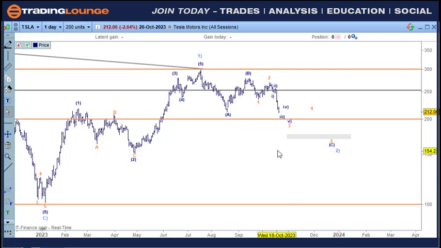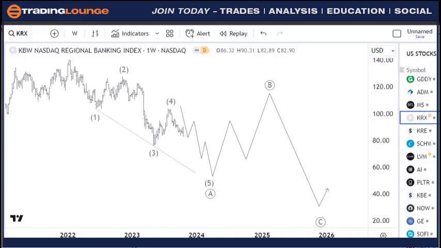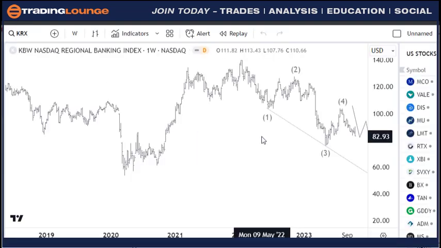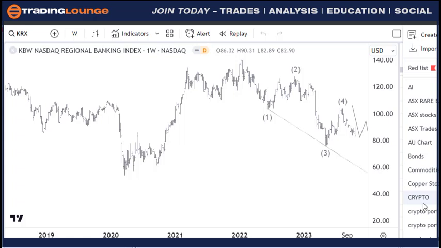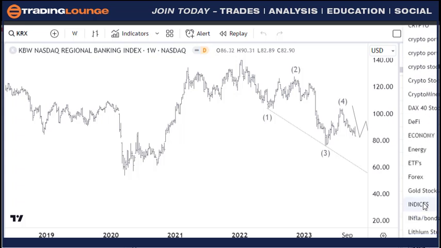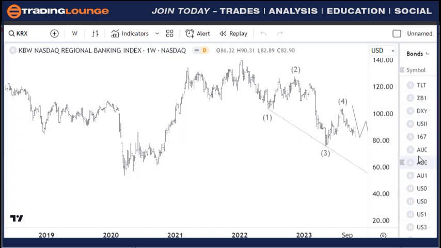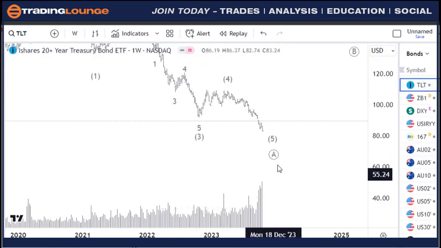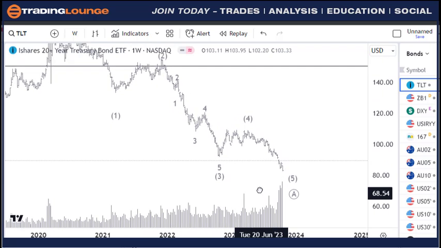One of the things that I thought was quite interesting, that just crossed my mind, is that if I go back over to here, I just want to go to the bonds for a moment. So I'm thinking that our stock markets will probably bottom out when this bottoms out here on the TLTs.